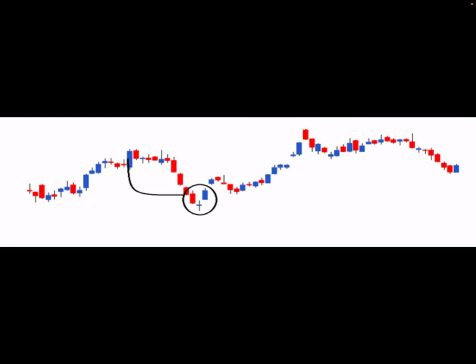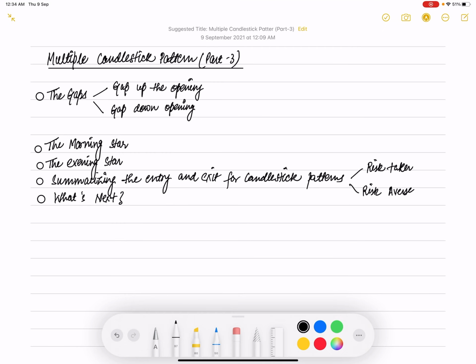Now, coming to the evening star. The evening star is the last candlestick pattern that we would learn in this module. The evening star is a bearish equivalent of the morning star. The evening star appears at the top end of an uptrend.